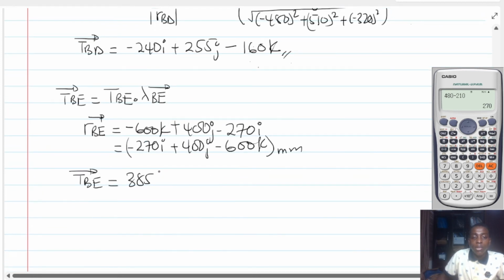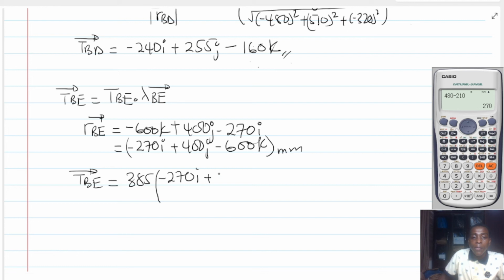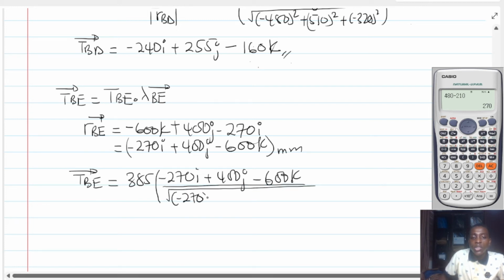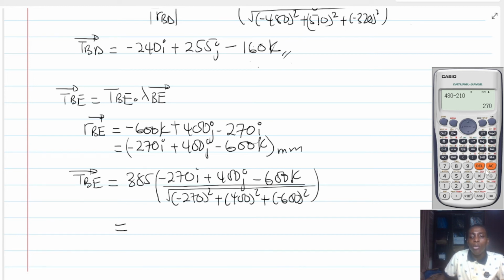All right. I've written this formula already here. And that is going to be what? The vector divided by its magnitude. And the magnitude is minus 270 squared plus 400 squared plus minus 600 squared. And this is actually going to give me the component.